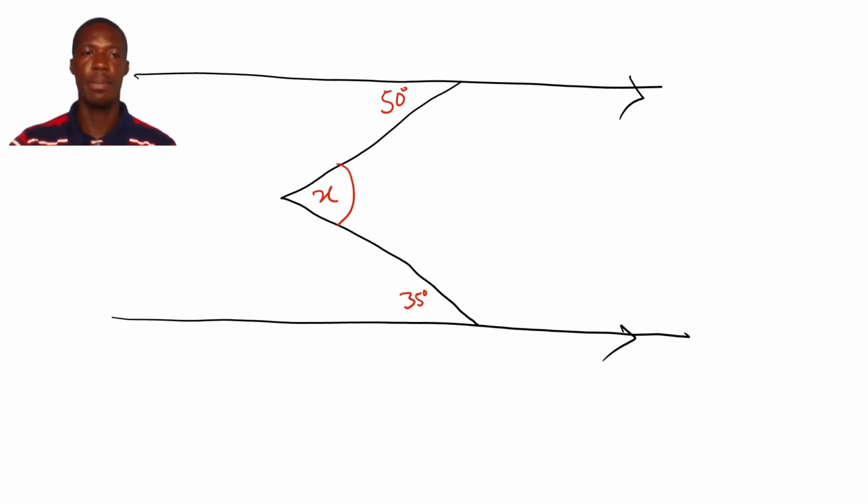Let me quickly name my lines, my points. Now, what you have to note is that you have the liberty of drawing an imaginary line. So we are going to draw an imaginary line through the point J. That line should be parallel to the two parallel lines that we already have.